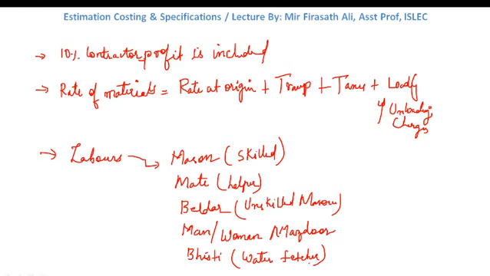These are the categories of labors employed at the construction site. Apart from that, carpenters and plumbers are different types of labors. When we are doing civil work, pouring concrete or laying brickwork, these types of labors are employed.